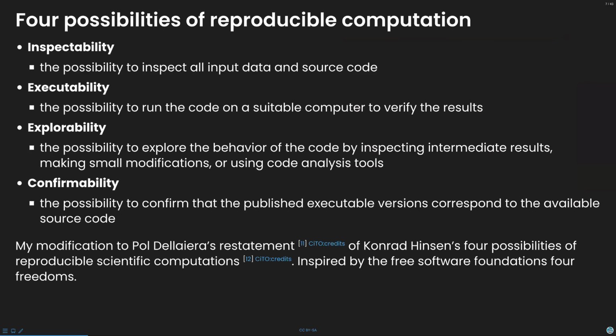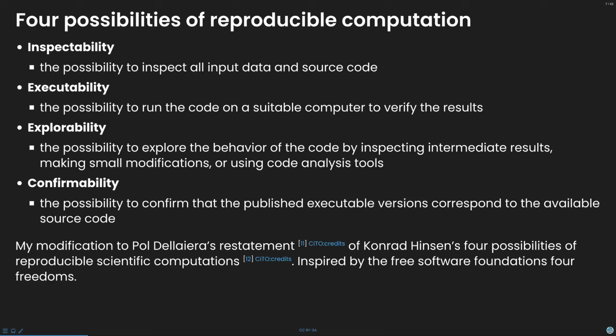This is another framing for the ability to reproduce computation. It's inspired by the four freedoms from software freedom. You have the inspectability, so the ability to actually inspect all of the input data and the source code to understand what it is, and the ability to run that code on a suitable computer to verify those outputs.